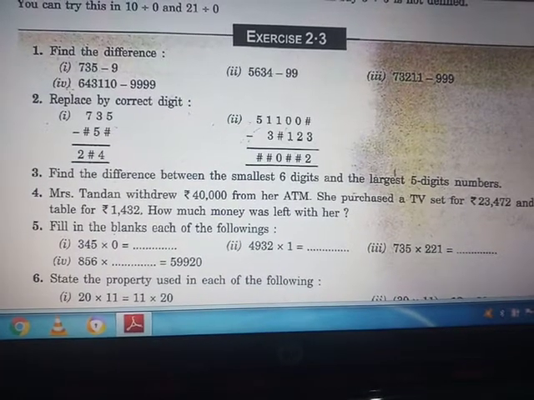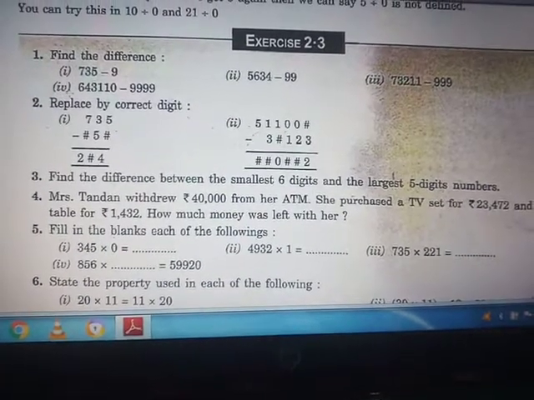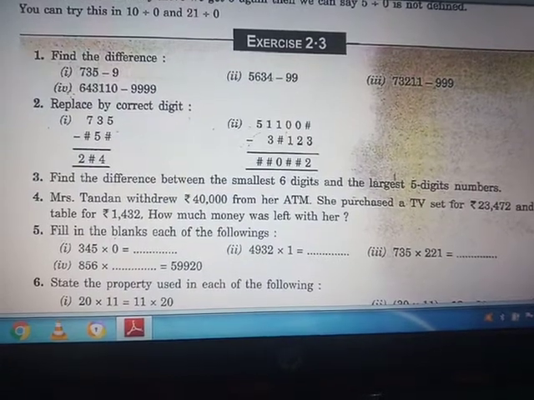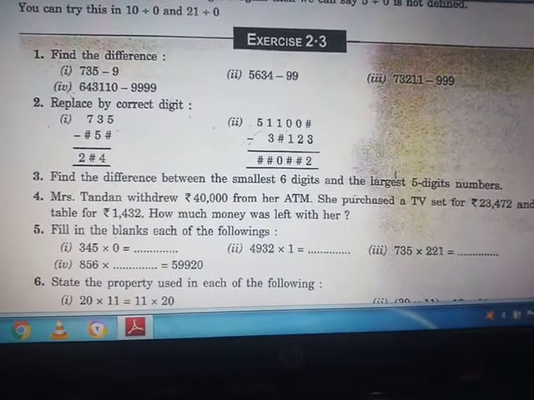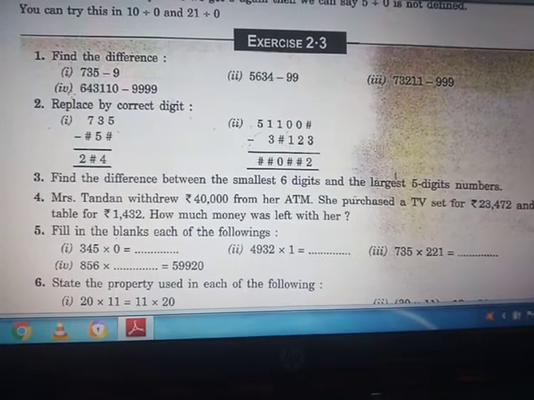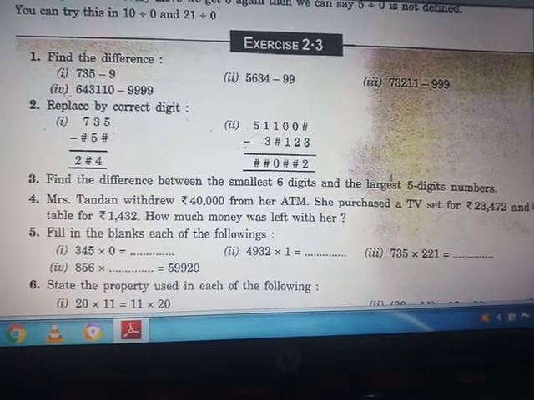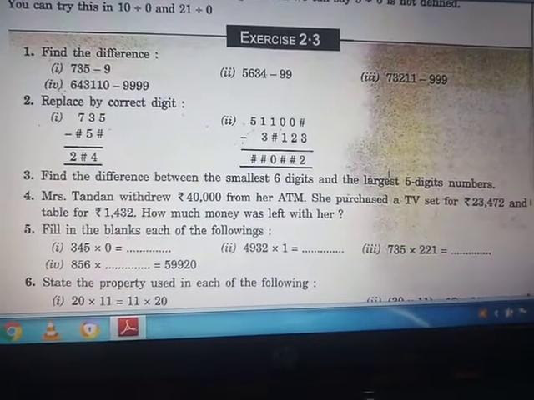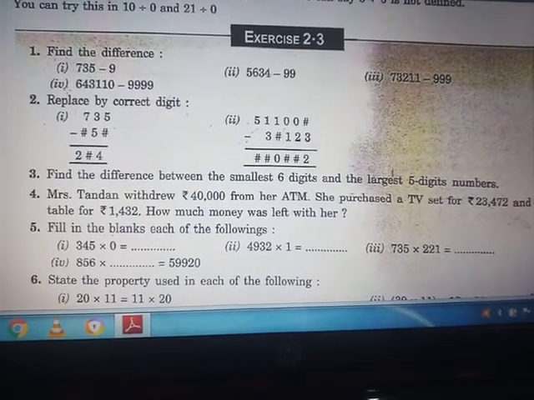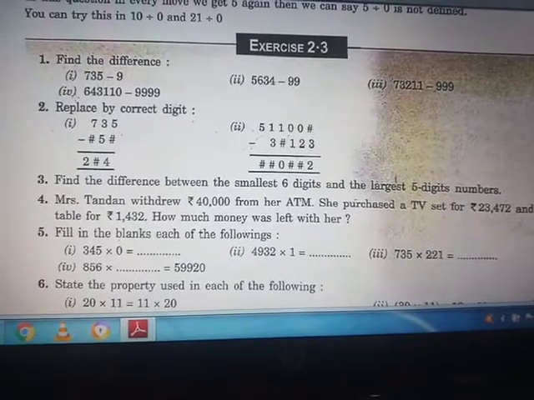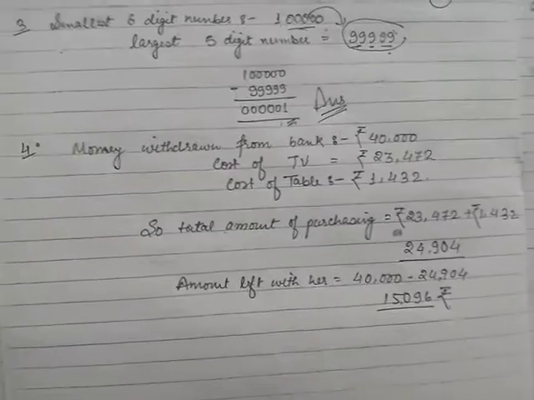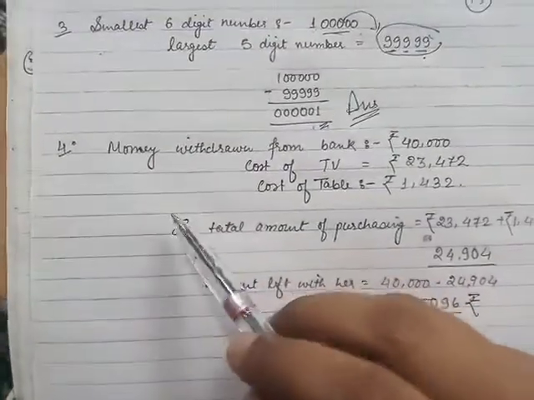How much money will be left with her? In this question we have to answer how much money will be left with Mrs. Tandon if she has purchased a TV set and also a table. So here is the solution of this question.